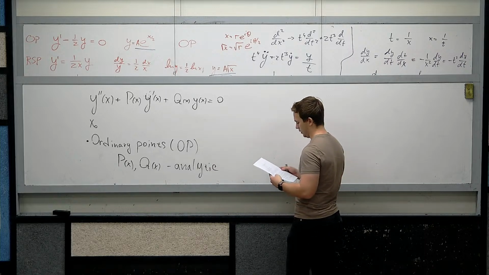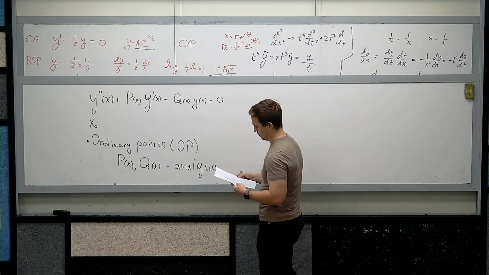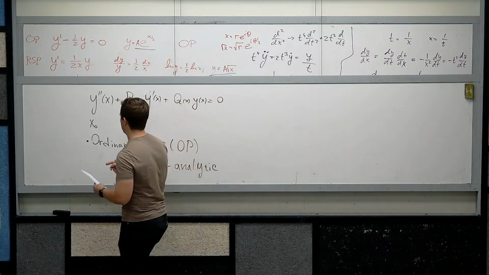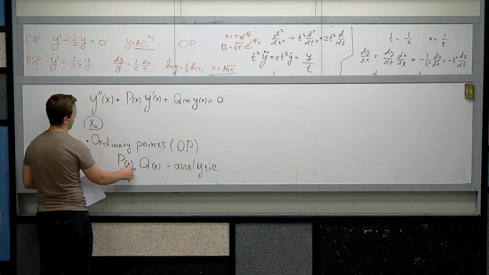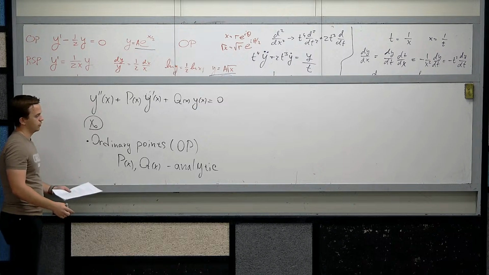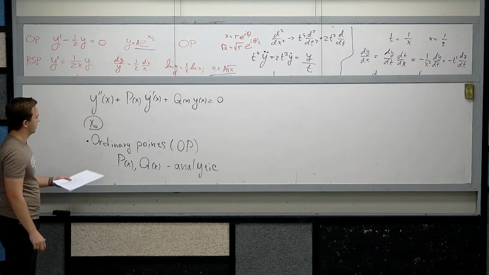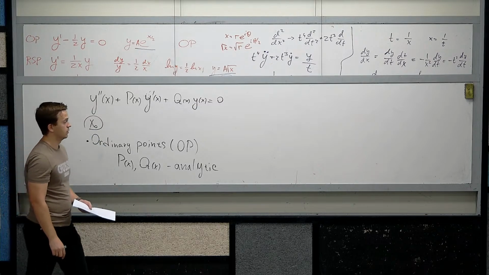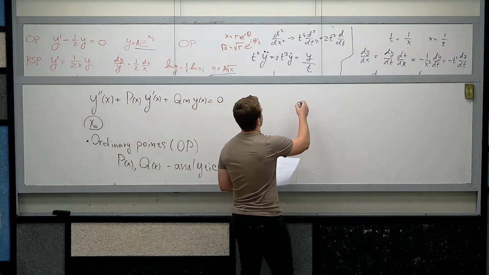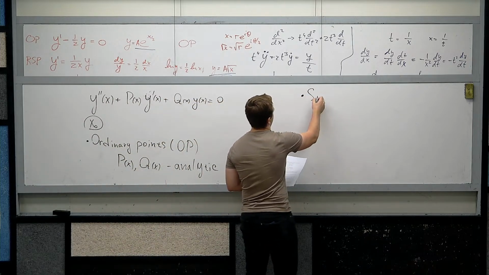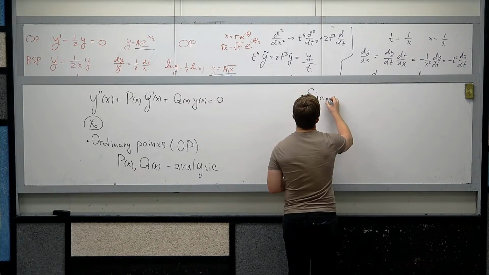Then, if at this x0 these two functions diverge, we call this point a singular point. So the second type of point is singular.